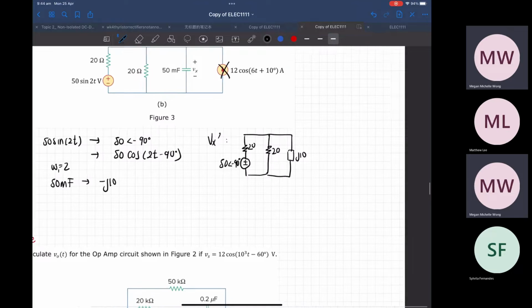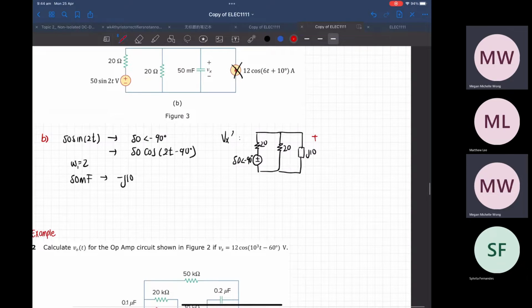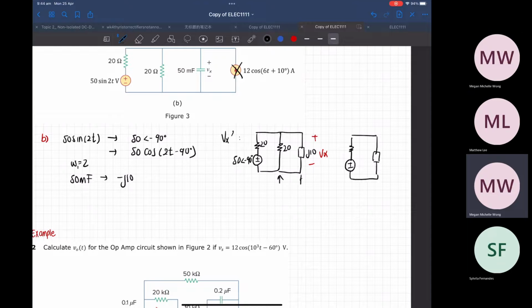A very simple thing to do when you have these kind of questions is that you have two values that are in parallel. You just solve for that parallel, which would give you a circuit like that, an impedance in here. This is still 20. And then you just do a voltage division.